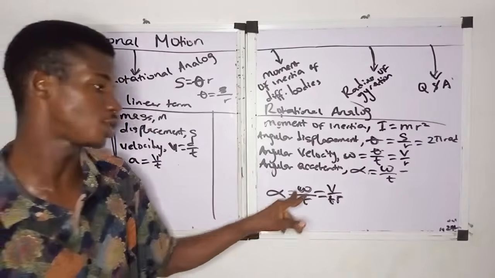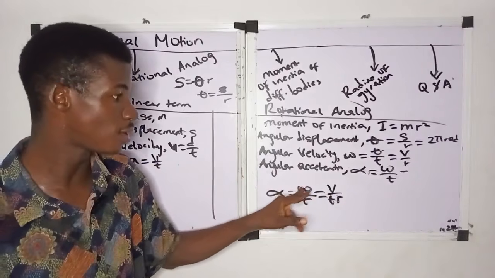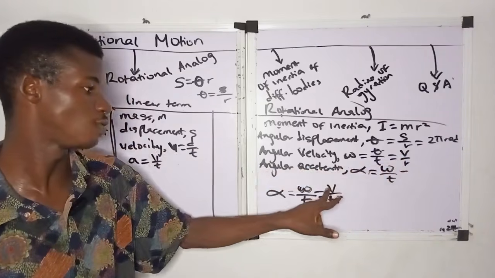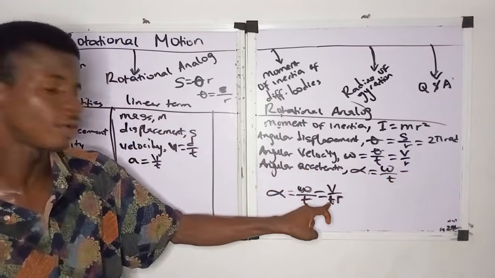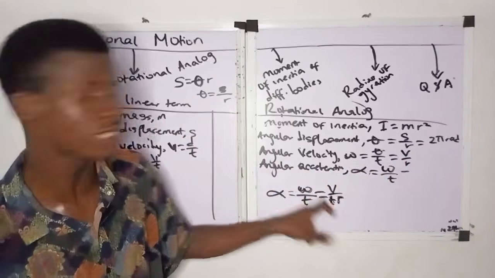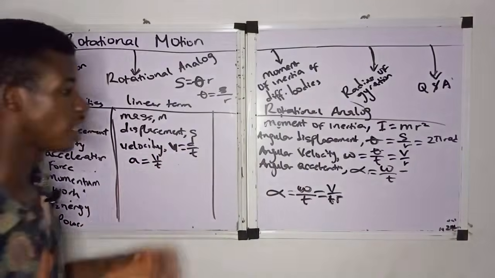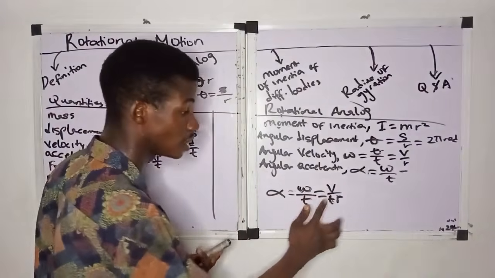Remember, angular acceleration is equal to angular velocity over time, and we all know that angular velocity is v over r, then over this time. Now, if you look at it, v divided by t, v over t, is linear acceleration, right?